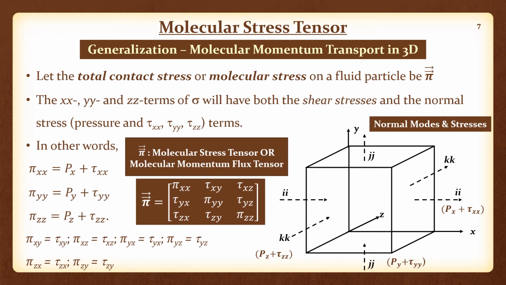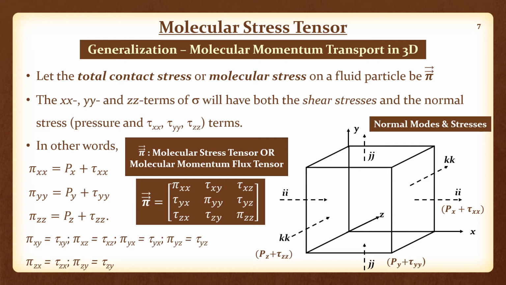So if I were to write this total molecular stress or contact stress, the symbol that is used to represent it is pi. And notice that there is a double arrow that I've put on top. That is one way in which you can indicate that this is a tensor as opposed to a vector, which would have a single arrow, right?